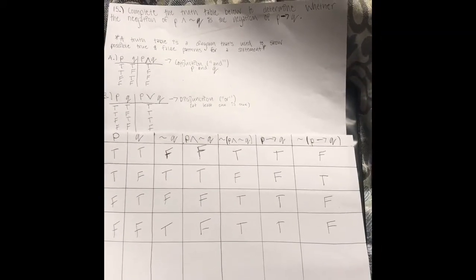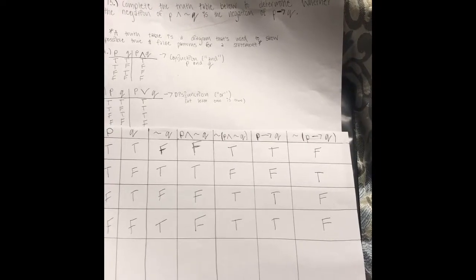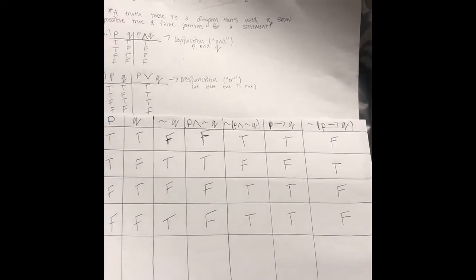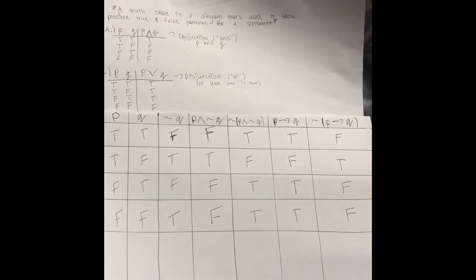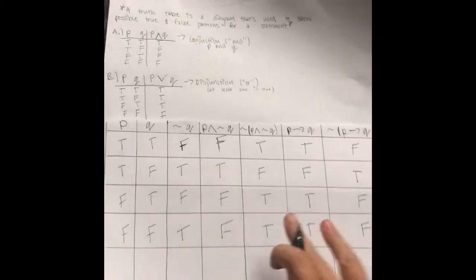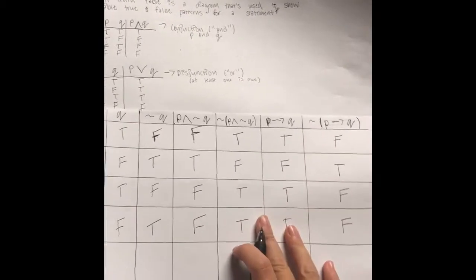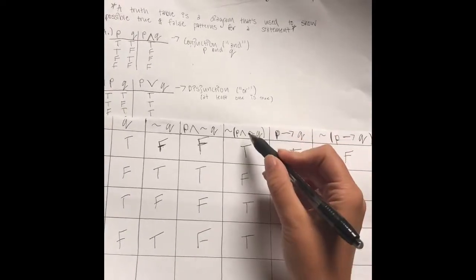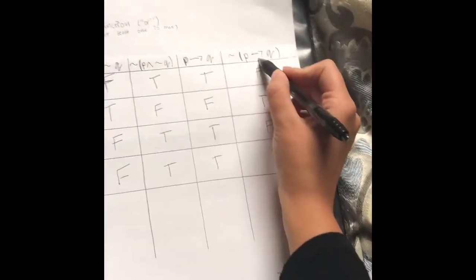So after we finish our truth table, we can finally go back to our original question and determine whether or not it is true. All right, going back to our question, it says complete the truth table to determine whether the negation of P and not Q is the negation of if P then Q. So going back to our truth table here, we want to look at both this column and our last column here.